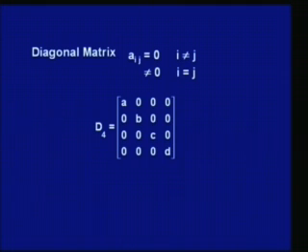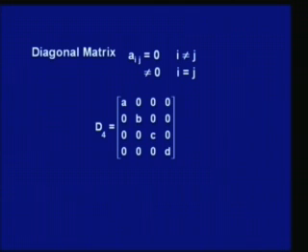An example is this matrix, which I denoted by D4 to indicate that it is a diagonal matrix of order 4. One can observe that only the diagonal elements are non-zero while the rest of the elements are 0.